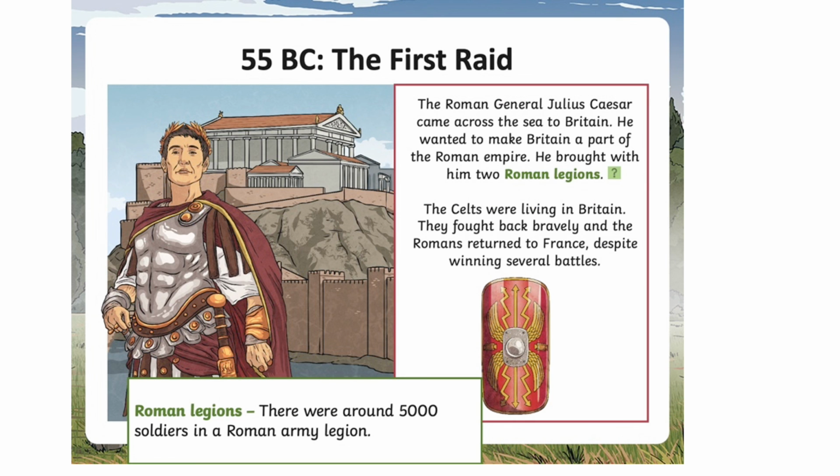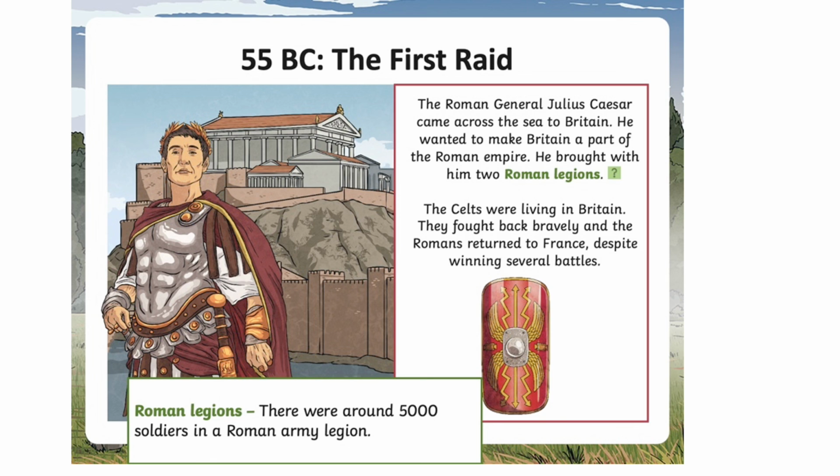So, the first raid was in 55 BC. The Roman general Julius Caesar came across the sea to Britain. He wanted to make Britain a part of the Roman Empire. He wanted to take over Great Britain and for it to be ruled by the Romans. He brought with him 2 Roman legions.